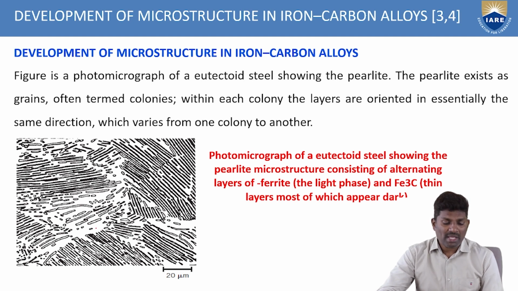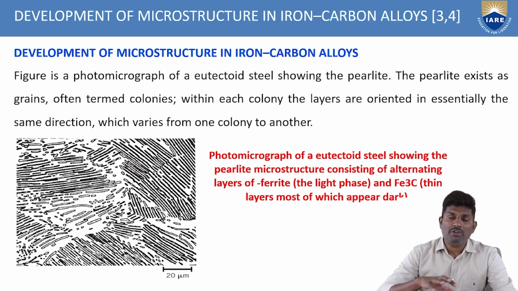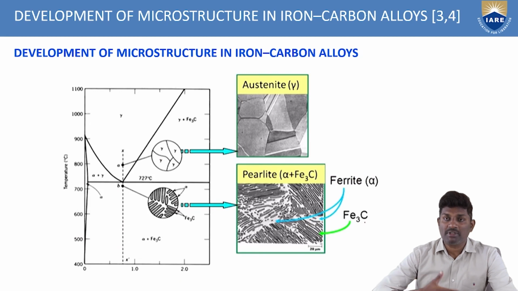So all these white patches, what you are seeing, is called as cementite, and this black patches is called a ferrite. So this is the micrographic view of the pearlite type of microstructure, which can be seen after the eutectoid temperature. That is, after 727 degrees centigrade, you can observe this type of pearlite thing in the microstructure. So this is the development of the microstructures, different types of microstructures.